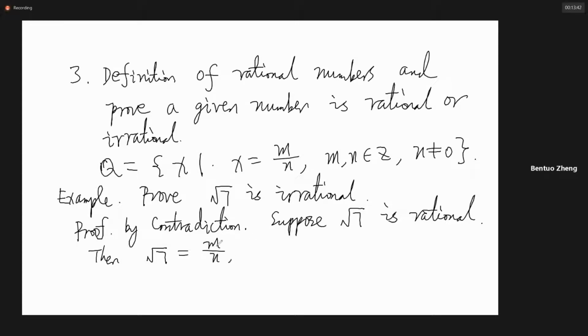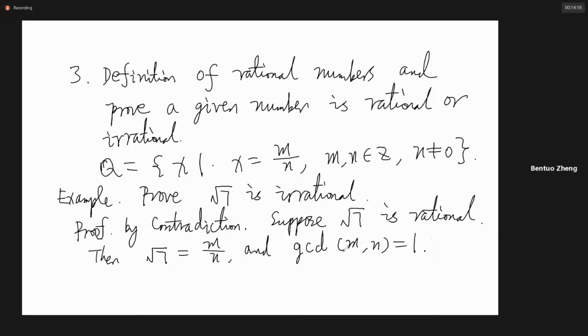And of course, one key assumption here, as I said, a rational number may have infinitely many representations as a quotient of two integers, but by canceling out the greatest common factor of m and n, we may assume m and n are co-prime. And we can assume the greatest common divisor of m and n is equal to 1.